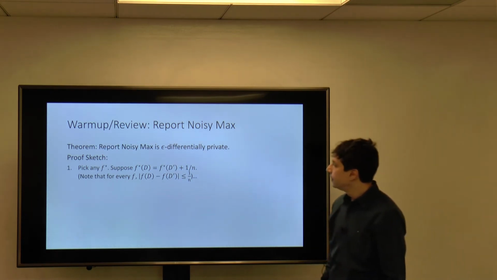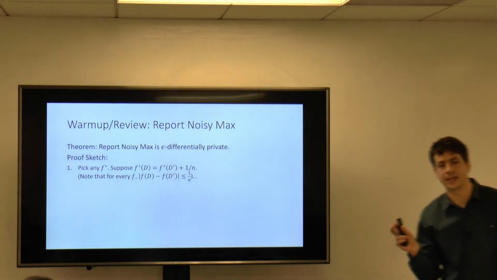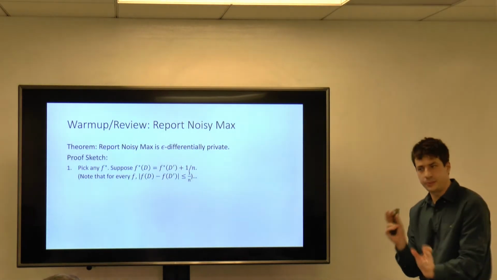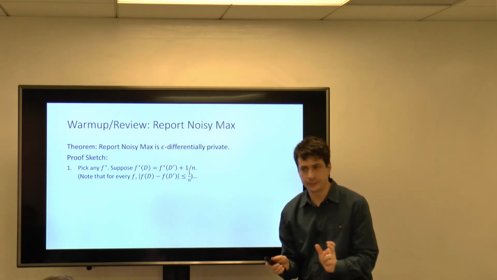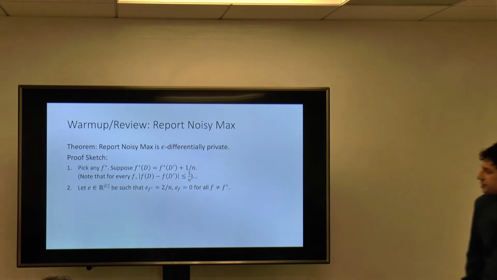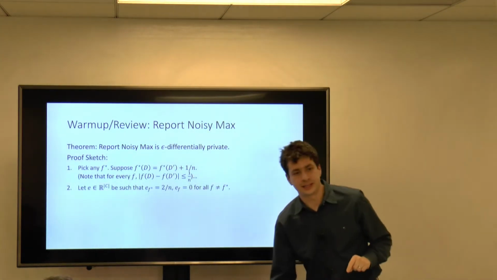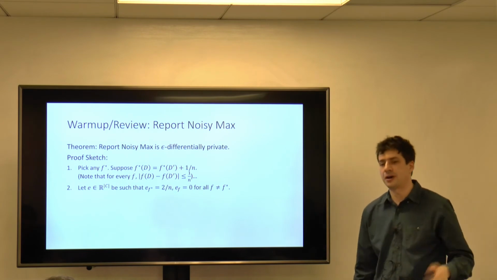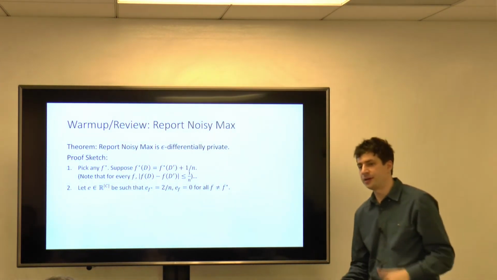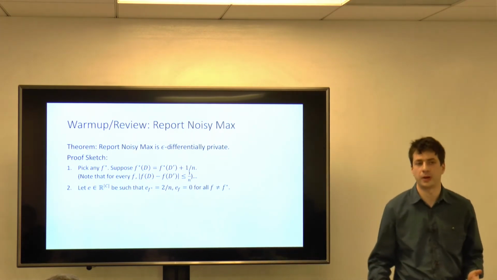In fact, for all of these functions f, for all of them simultaneously, when I look at their evaluations on d and d prime, they differ at most 1 over n. So now I want to define the right coupling on the noise, so that if f star is output when I run the algorithm on d, under this coupling, f star will still be output when I run the algorithm on d prime.